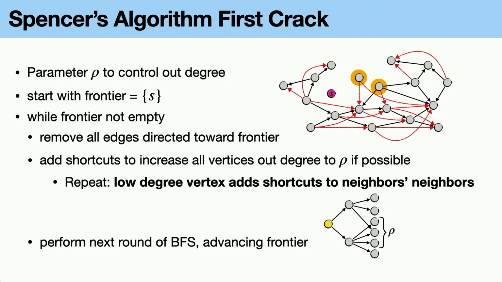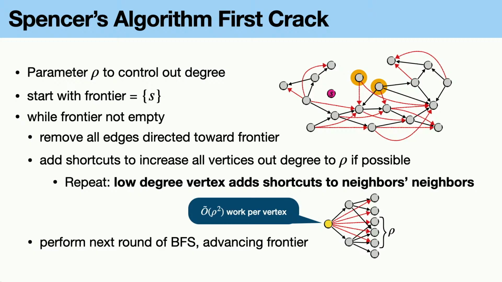I don't want to add shortcuts to everything here because there could be an unbounded number of things, and that would take me a lot of work to add all those shortcuts. So I can stop once I see rho vertices on any high degree vertex. So I'm going to add shortcuts to rho of all my neighbors' neighbors. OK, so maybe I'll add those shortcuts to the graph. If you do this correctly, this takes rho squared work per vertex, right?